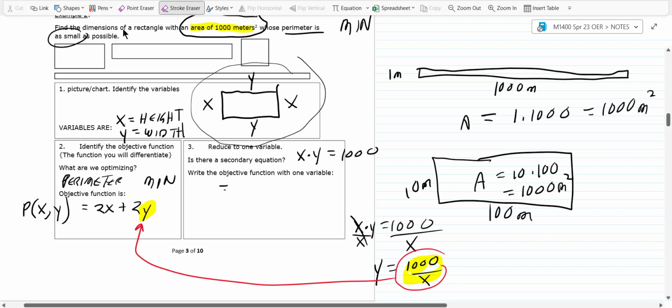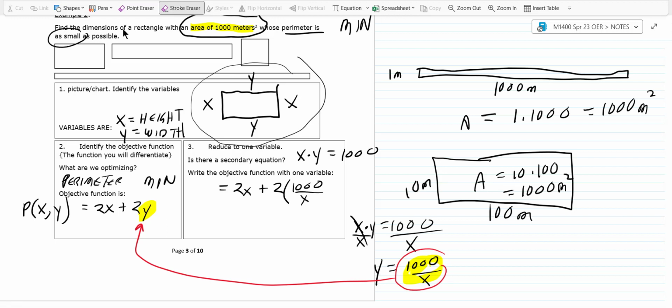So 2x stays the same, and now we have 2 times 1,000 over x, and now we've got that down to one variable. So I'm just going to say perimeter of x. Now I'm going to write this in one other way, because in the next step of the problem we're going to have to take a derivative anyway. So I'm going to write this as 2x plus 2,000 x to the negative 1.